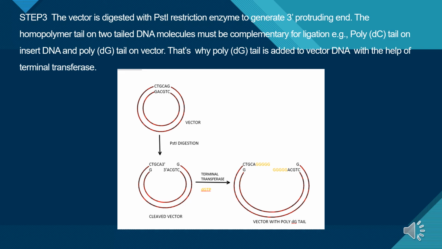Now you see in the diagram there is a vector with a PstI restriction site. When we digest this vector with the PstI restriction enzyme, 3' protruding ends are generated. After generation of the 3' protruding ends, we add a poly-dG tail to these ends with the help of the enzyme terminal transferase.